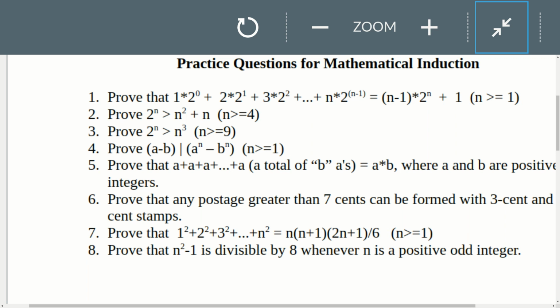That would just be 2 to the n, right? If we add 1 to that, where we have n up here, we have n plus 1. And that would equal this. I'm just not sure how to do this. I need to look at my notes.